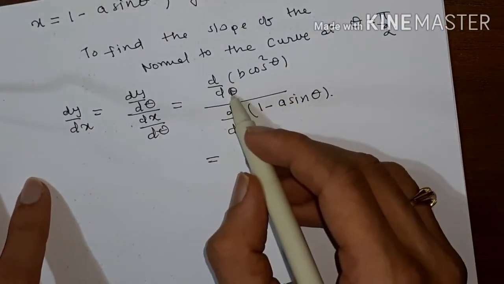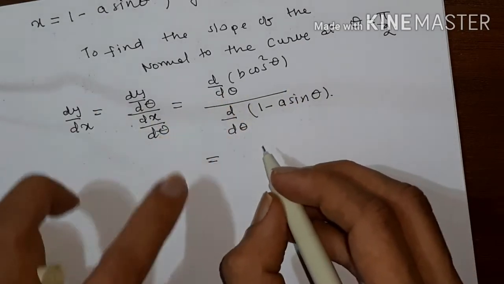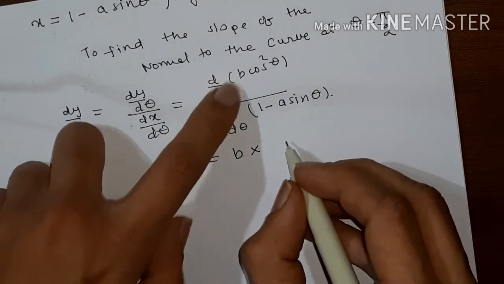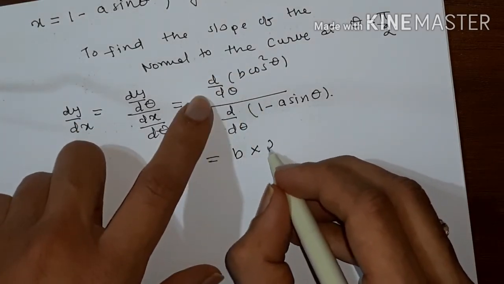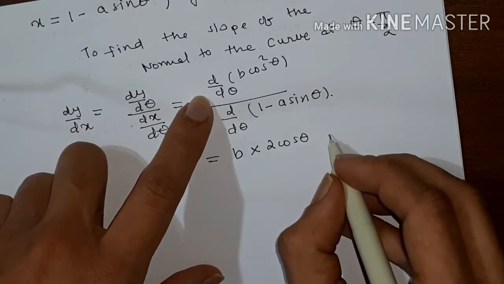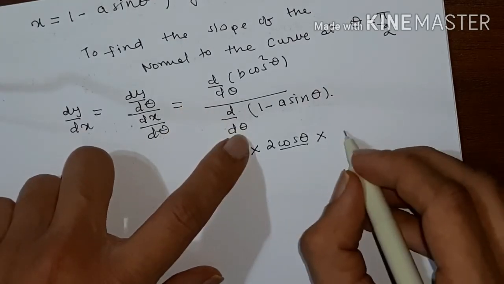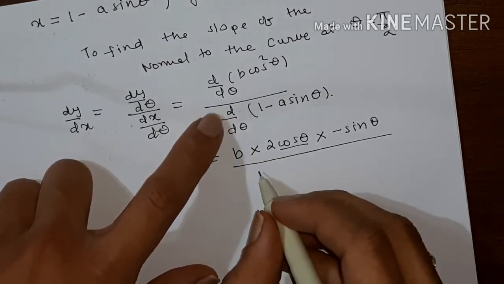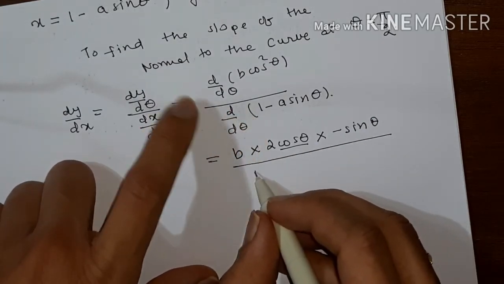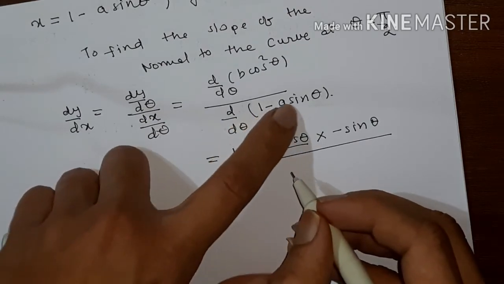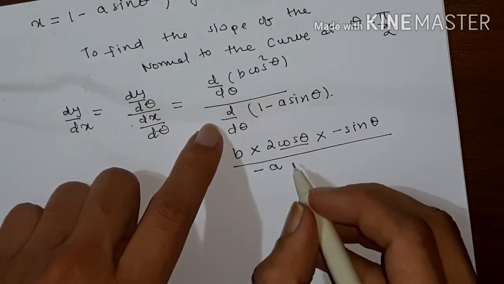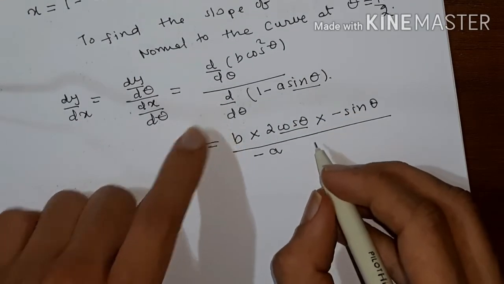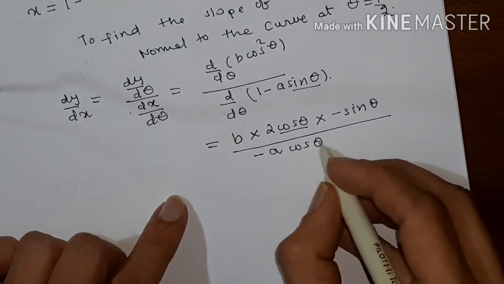The derivative of b cos square theta with respect to theta: b is a constant, it is out, multiplied by the derivative of cos square theta, which is 2 cos theta, multiplied by the derivative of cos theta, that is minus sine theta. The whole divided by the derivative of 1 with respect to theta, which is 0, and the derivative of minus a sine theta, which is minus a, a constant, into the derivative of sine theta, that is cos theta.